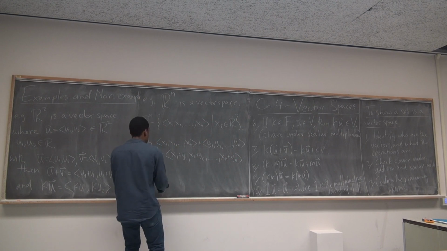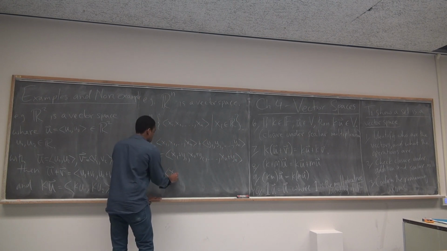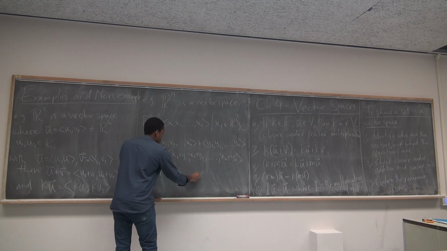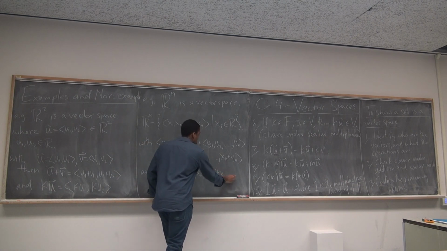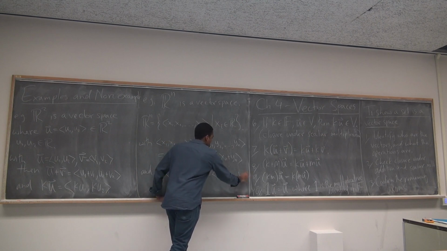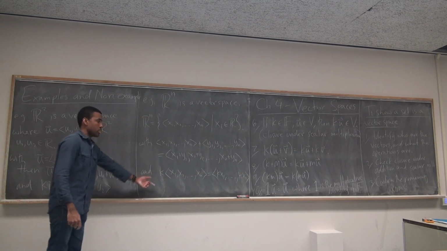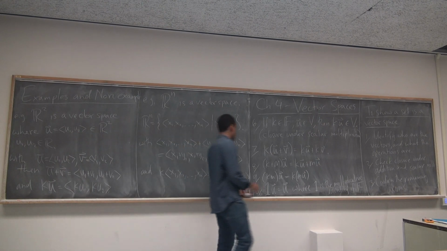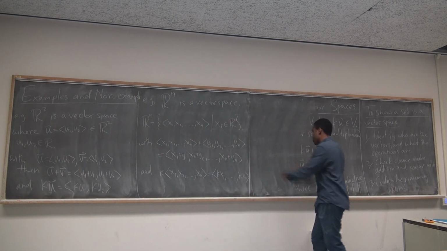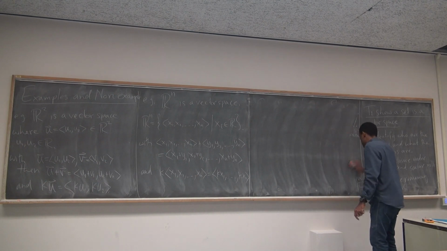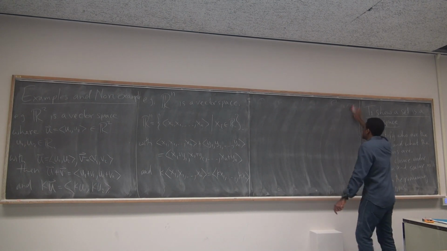And k times a vector (x1, ..., xn) is equal to (kx1, all the way to kxn). If I define addition and scalar multiplication that way, in the usual way, I get a vector space. I can go through all 10 axioms and realize that they would still work.